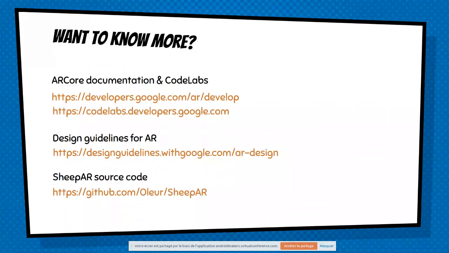You can play with the codelabs provided by Google. There are some awesome guidelines if you want to design or build your own experiences. And also, I open sourced the code for the ship AR project, available on my GitHub. So feel free to fork it, to play with it, to do anything you want with the code.